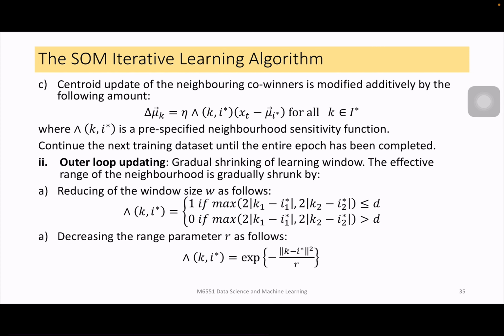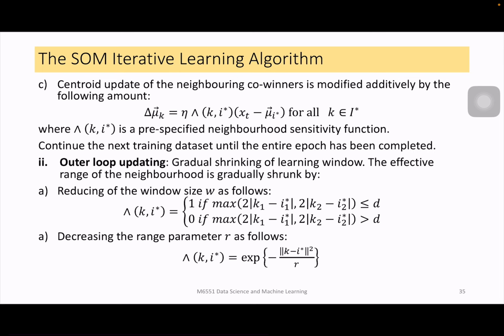In the SOM iterative learning algorithm, the center update of the neighboring co-winners is modified additively by the amount: the change of mu k equals eta times h(k,i) times (xt minus mu i), for all k neighboring i, where h(k,i) is a pre-specified neighborhood sensitivity function.